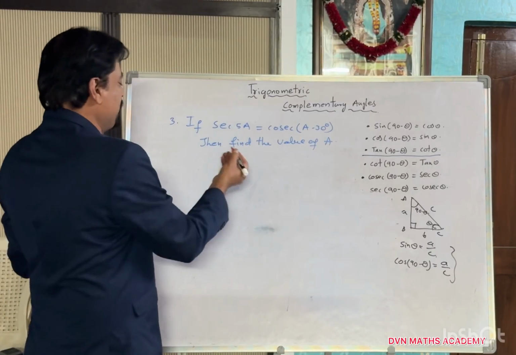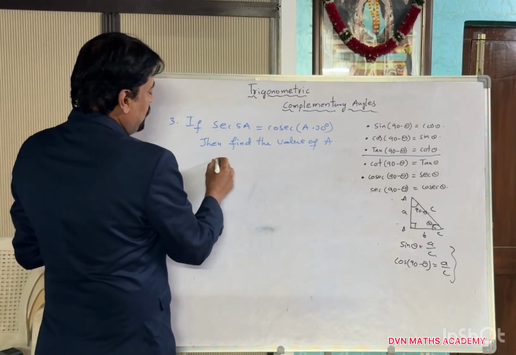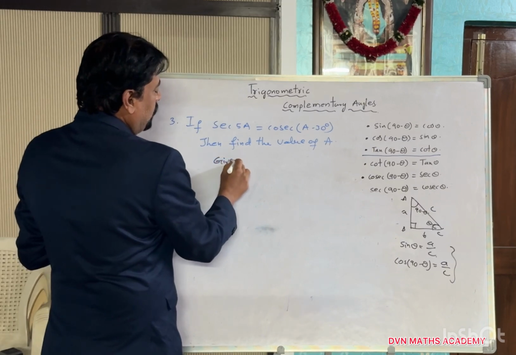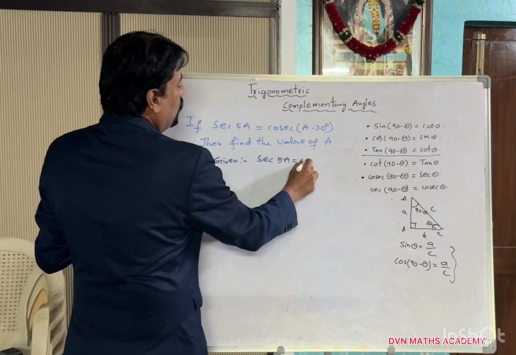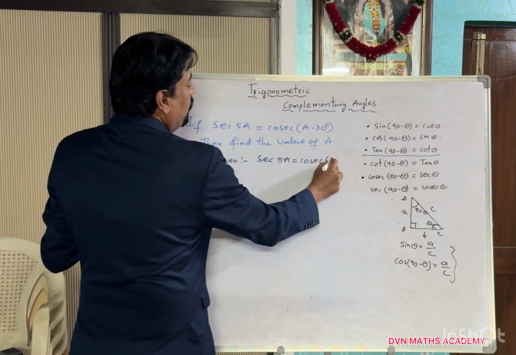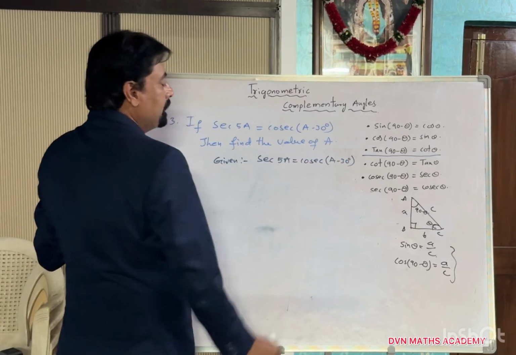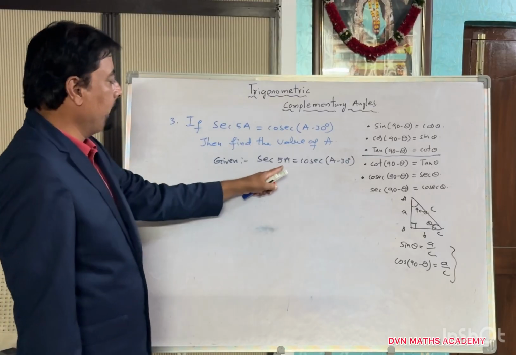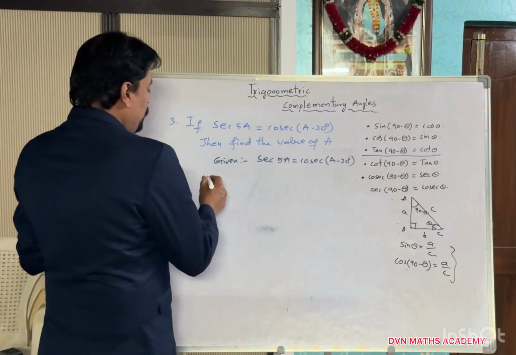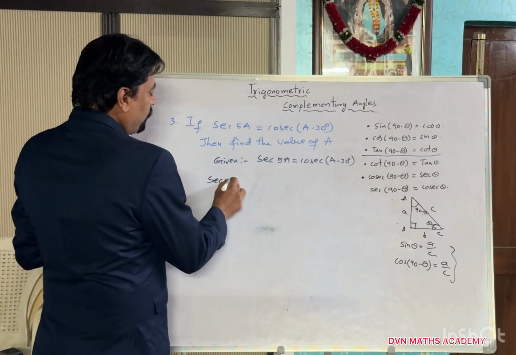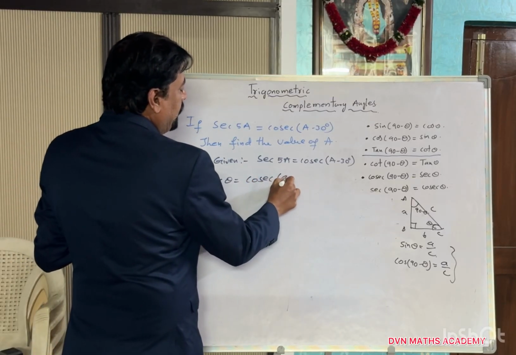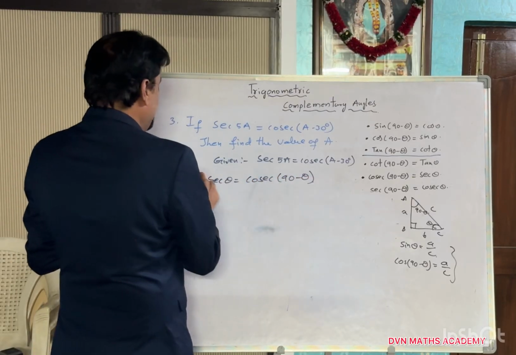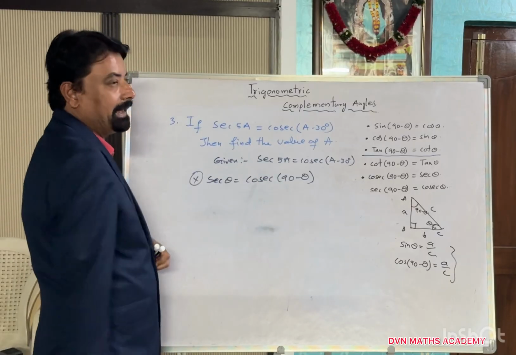This you will get under 2 marks. First, what is given? Given is sec 5A is equal to cosec(A − 30°). This is the given question, so we require to find the value of A. We know that sec θ is equal to cosec(90° − θ).